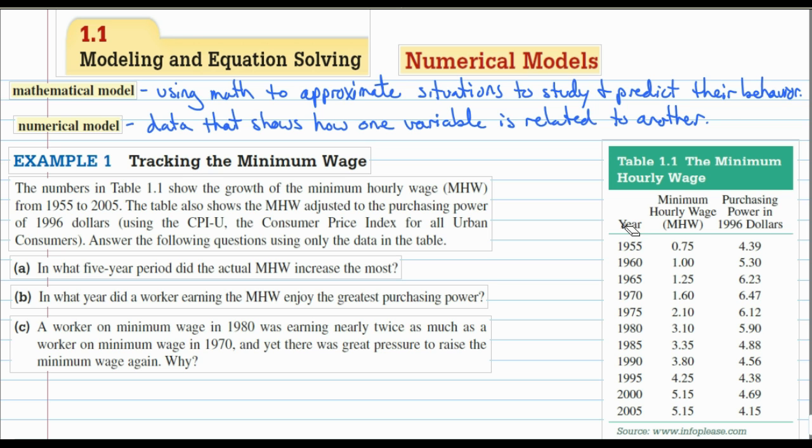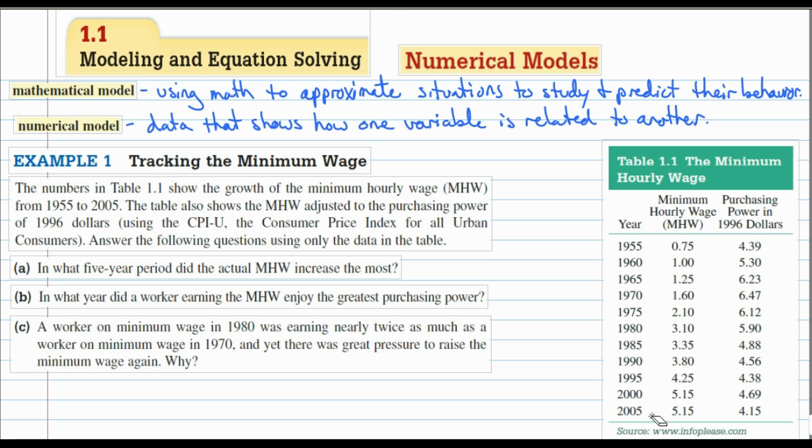So for example, in 1955, minimum wage was 75 cents, which was a purchasing power of $4.39 in 1996 dollars. So it'd be the equivalent of, if this were 1996, making $4.39 an hour.